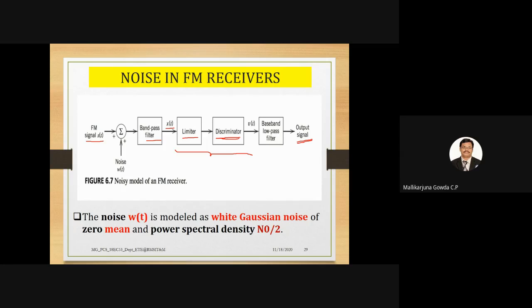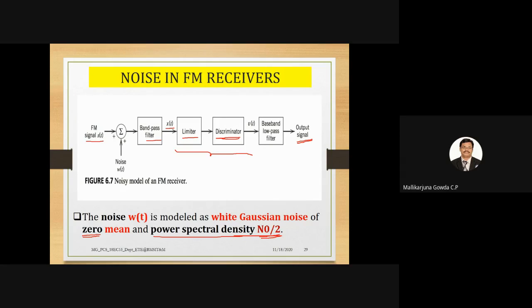To begin with, we consider this white noise which is added at the channel. That will be modeled as white Gaussian noise having zero mean, and the power spectral density will be N0 by 2. This is a standard assumption which we make for all types of receivers.